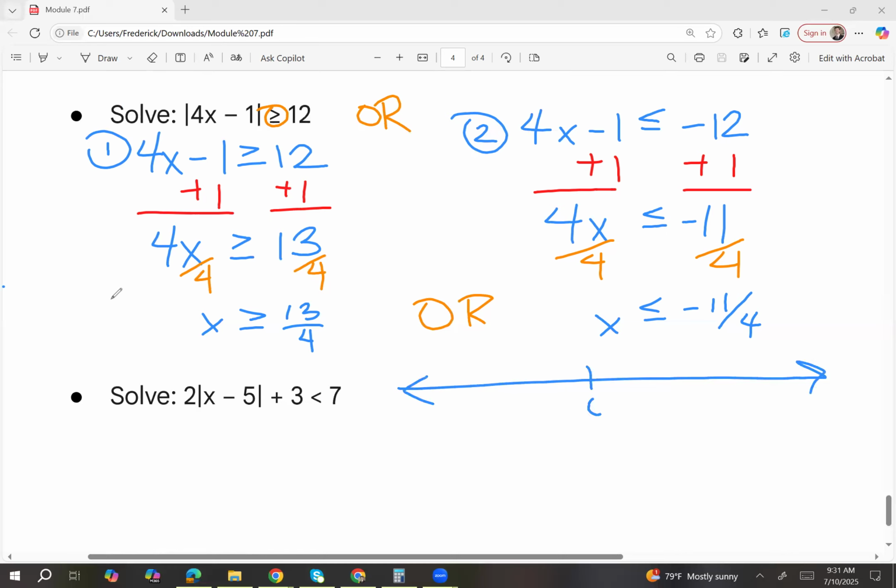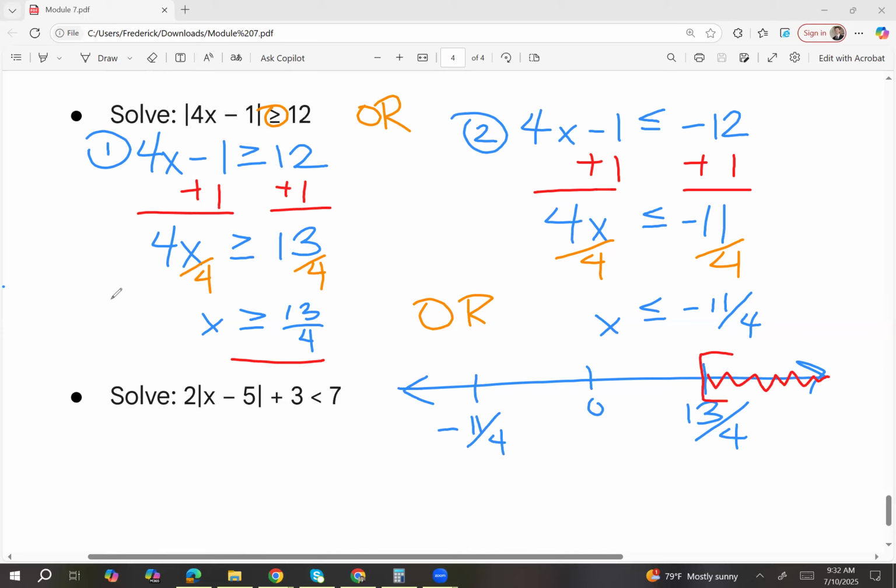I'm going to place a 0 in the middle just to give us an orientation. We know negatives are to the left of it. The negative 11 over 4 would be somewhere over here. Positives would be to the right of it. The 13/4 positive would be over here. Greater than or equal to on the 13/4, so greater than and equal to means we'll use a bracket.